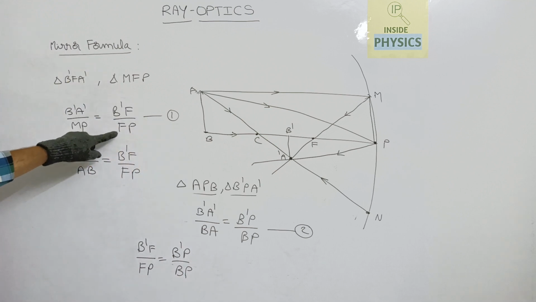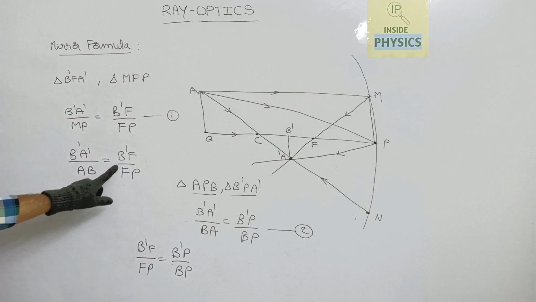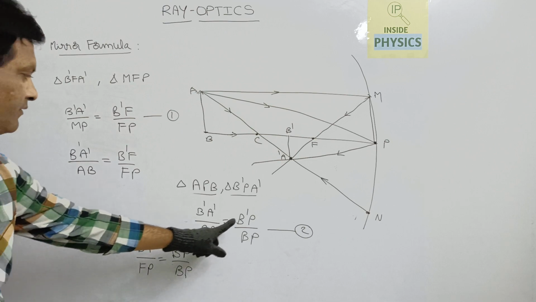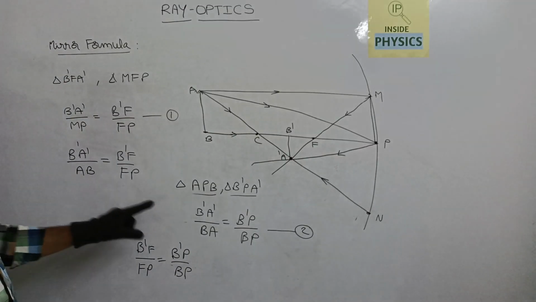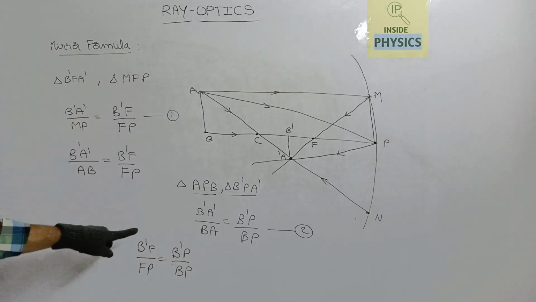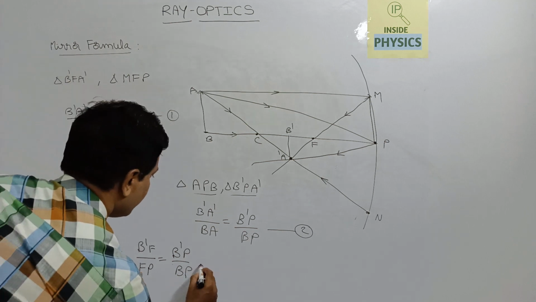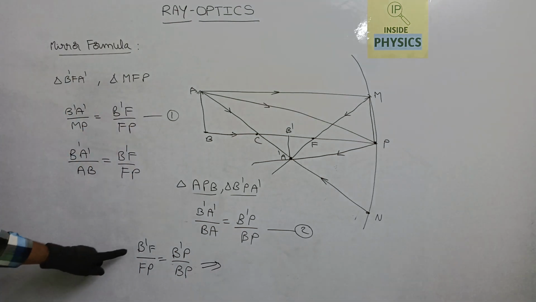This B dash F is equal to B dash A dash by AB, so I have equated this one and this one. So this implies B dash F.